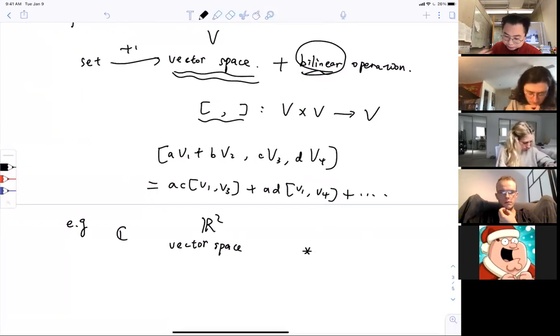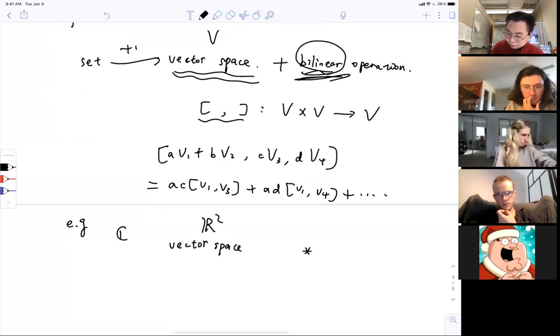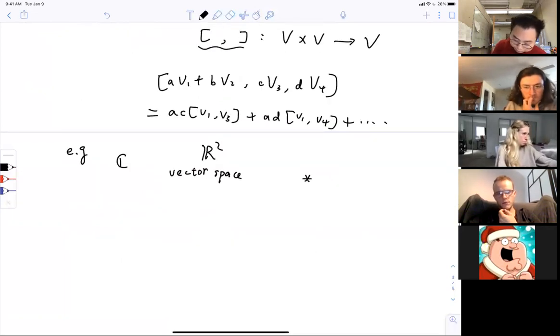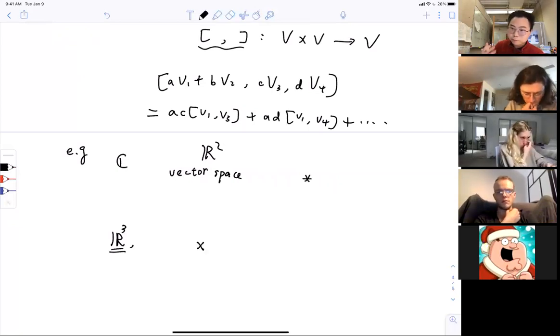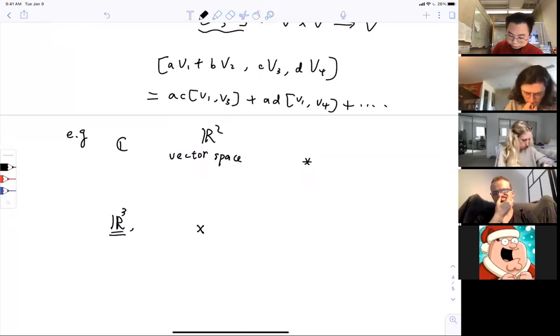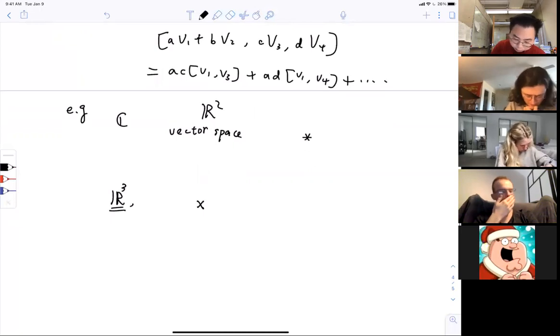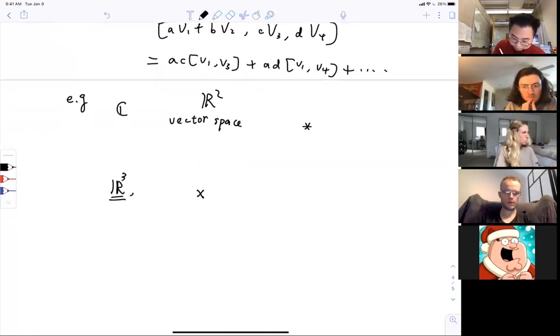You can easily verify this multiplication is a bilinear operation. Another example is R3, where the vector space is R3 and the bilinear operation is the cross product. This also forms an algebra, and this is actually the algebra of SU2, or the rotation group. Okay, so this is an algebra.